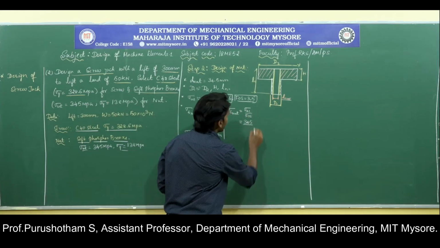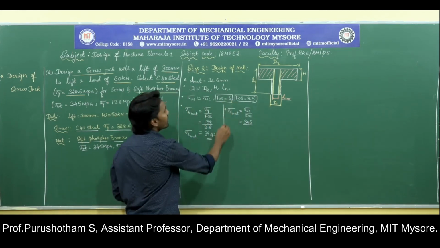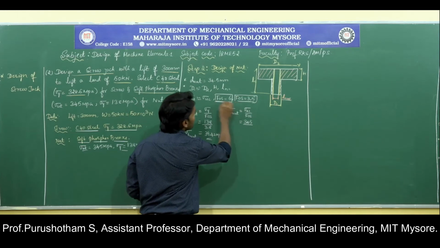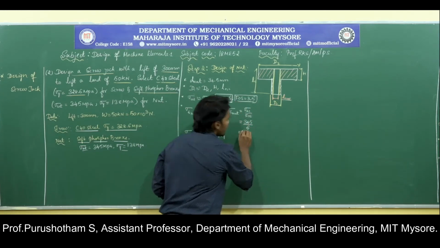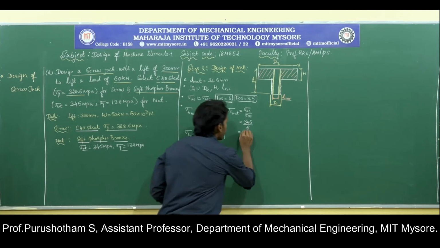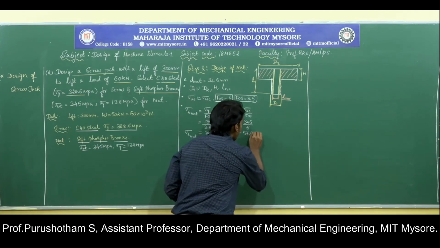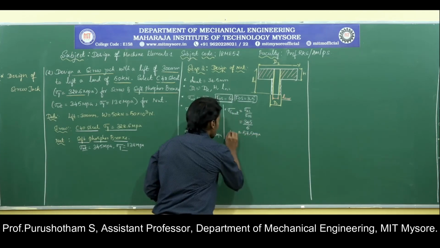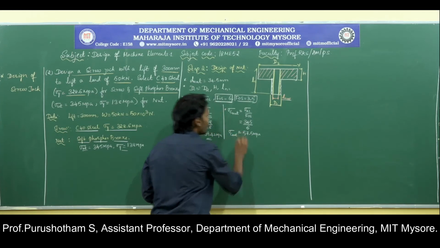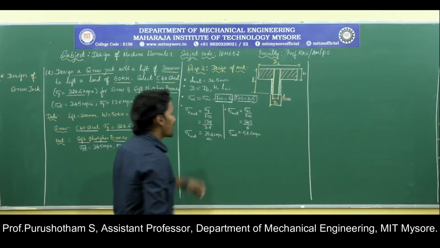The factor of safety for ultimate stress we need to consider is 6. From this you will get 57.5 megapascal. Sigma C of nut is equal to 57.5 megapascal.